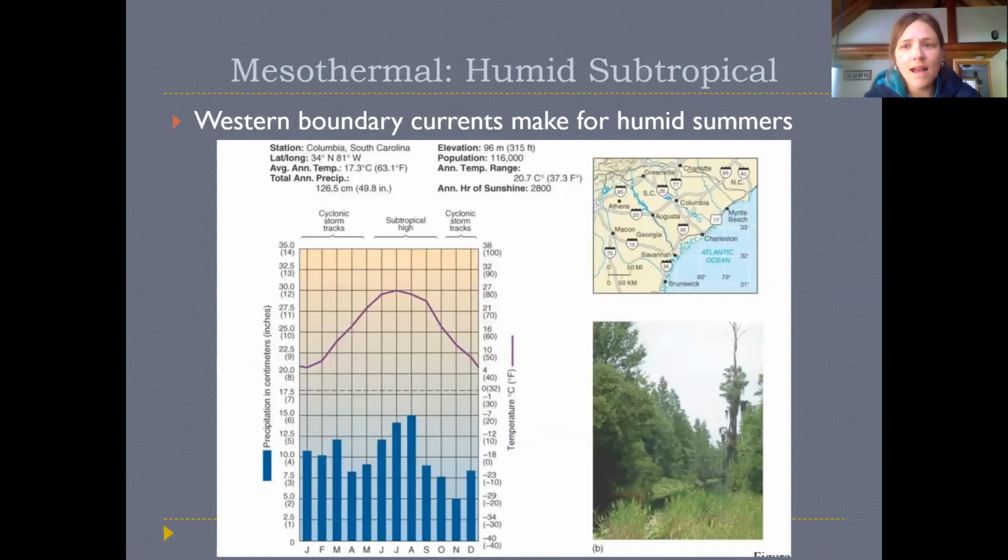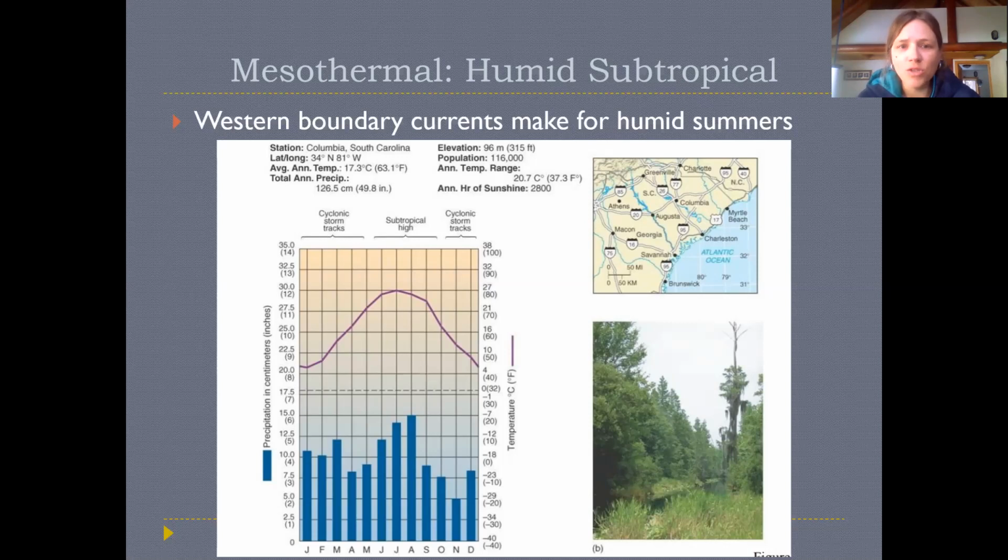So the next climate is the humid subtropical climate. And like all these climates, there's of course some variation within this, some hotter, some cooler, some wetter, some drier areas. But as we said, the US's southeast is kind of a classic example of what this humid subtropical climate would look like.